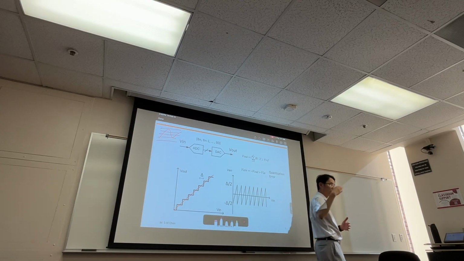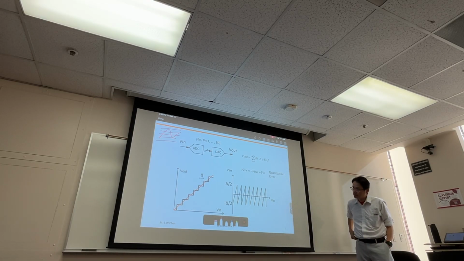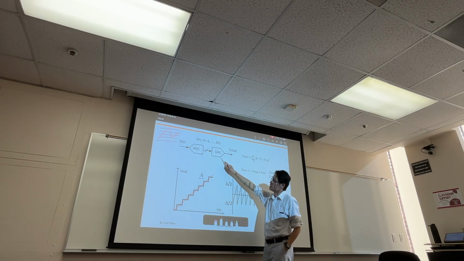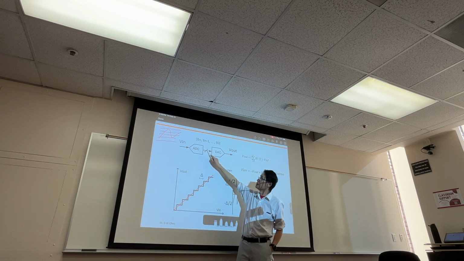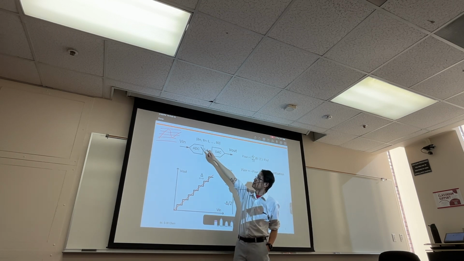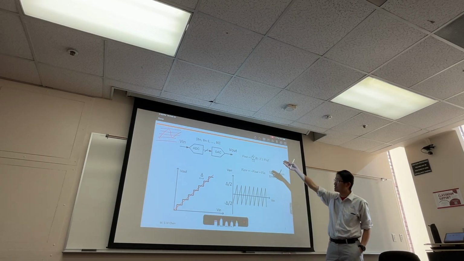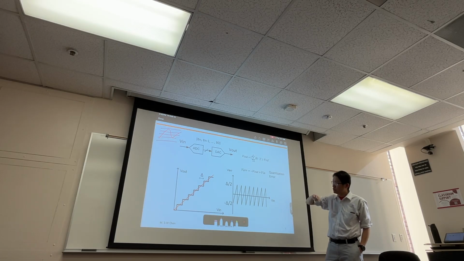Basically every code represents one of these levels. So this is the symbolic representation: you have an analog V in, you do ADC, you have a certain number of bits, here n, actually n plus 1 bit. So it's quantized.